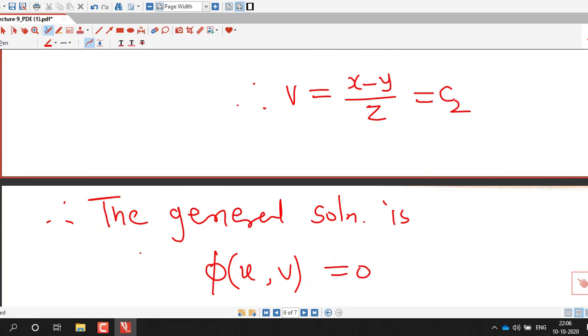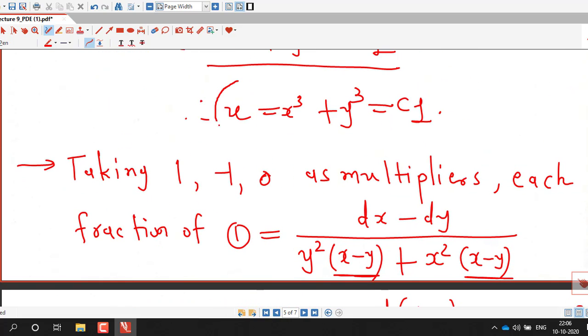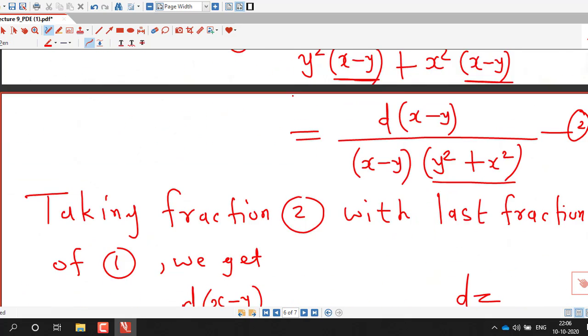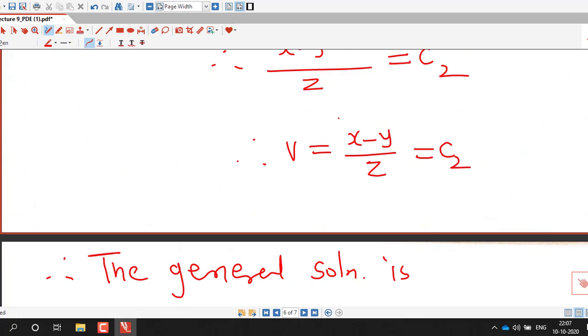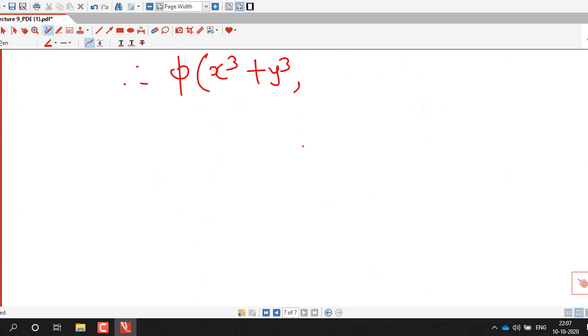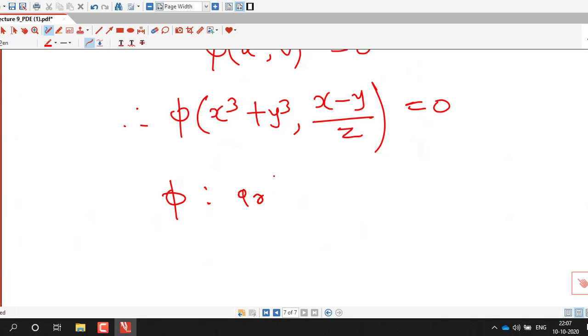What is our u? u is x cube plus y cube, so we put u equal to x cube plus y cube, and v we have just obtained, v is x minus y divided by z, equal to 0, where phi is an arbitrary function.